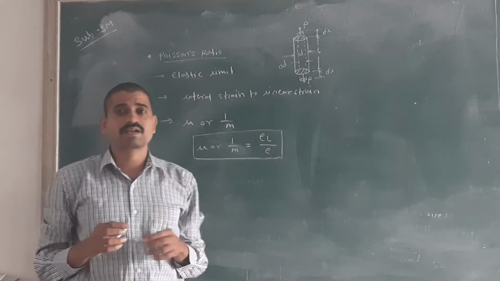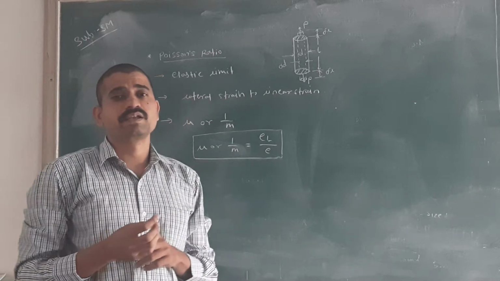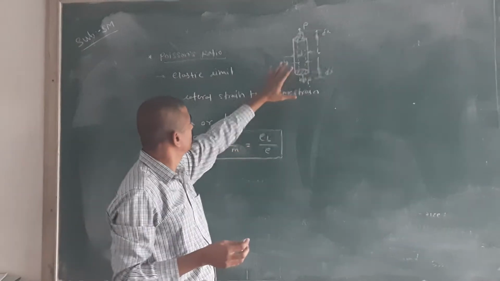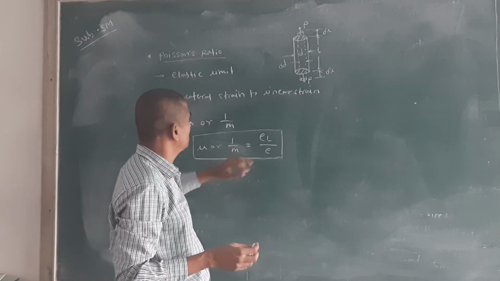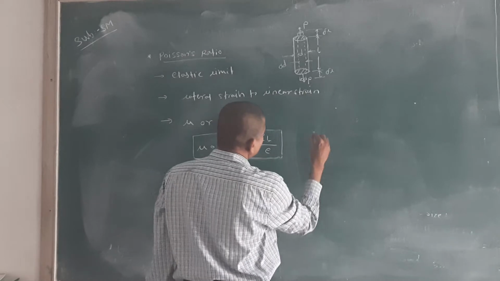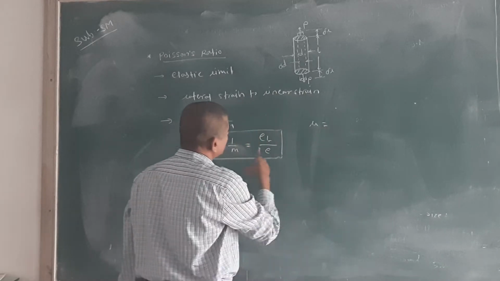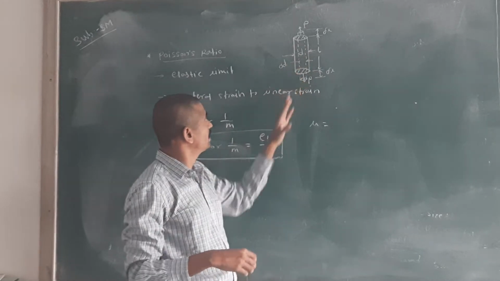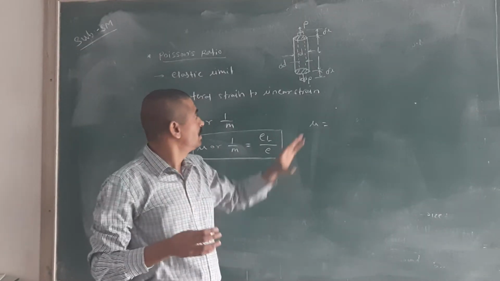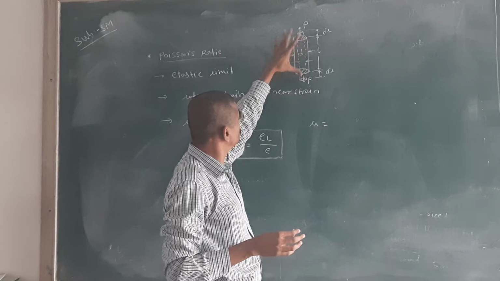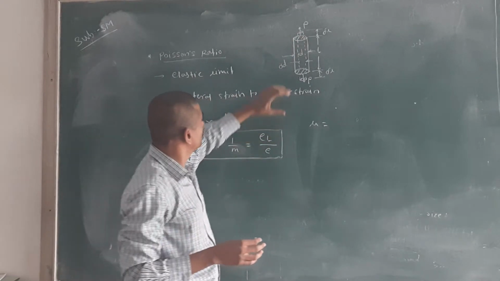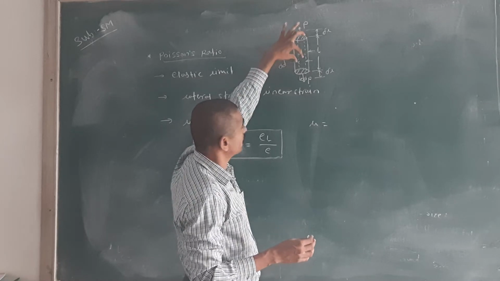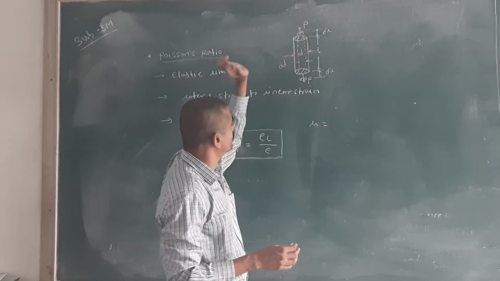Which is the lateral dimension and which is the linear dimension? I will write mu is equal to, first see the lateral dimension. Lateral dimension here is compressed. When you apply the pull force on the given cylinder, the length will be increased and the diameter will be reduced.